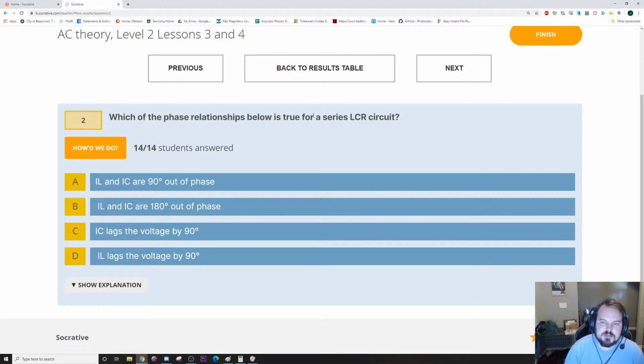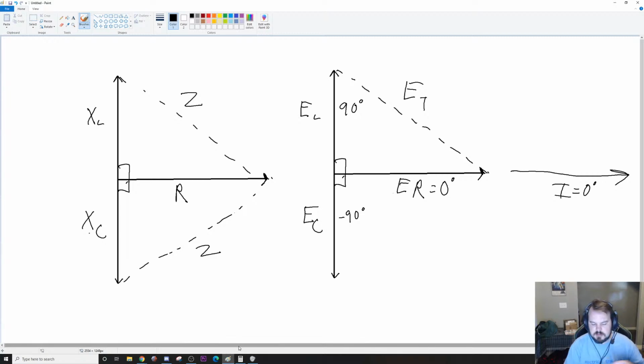Which phase relationship is true for a series LCR circuit? So that would have to be D, because all of the currents are at 0 degrees, right?